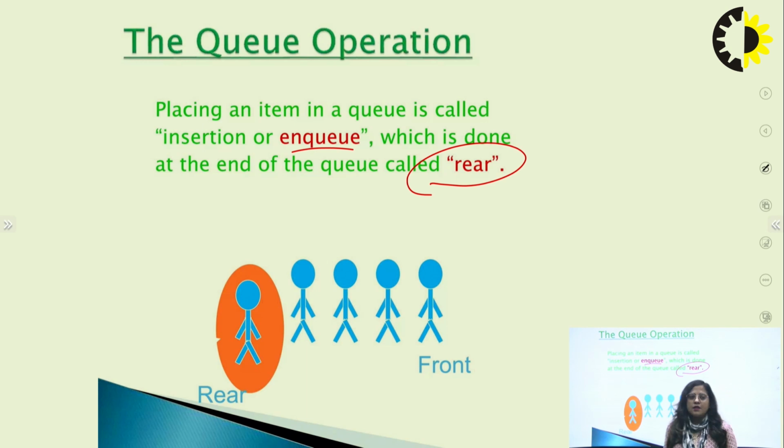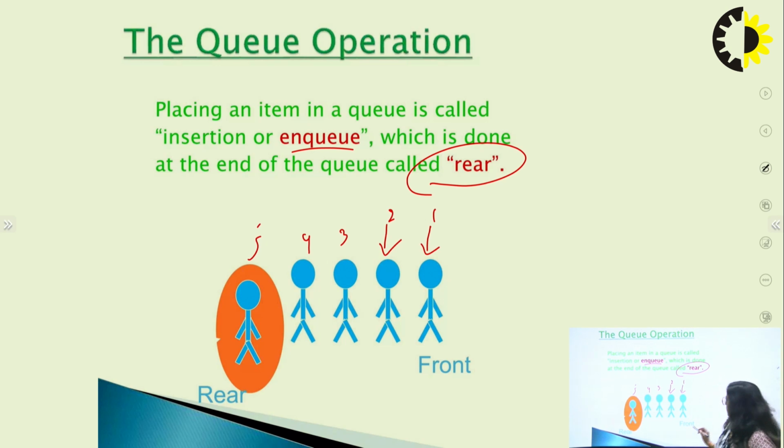Let's suppose this is your first data, this is your second data: first, second, third, fourth and fifth. This is one end and this is the second end. So here one end is the front and the other end is the rear. This is a simple queue.